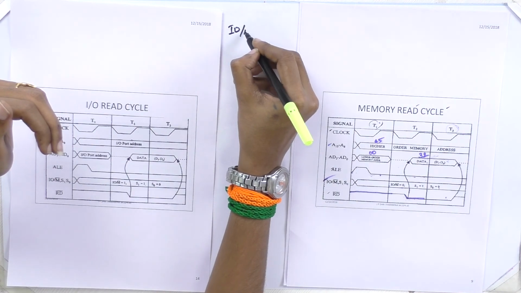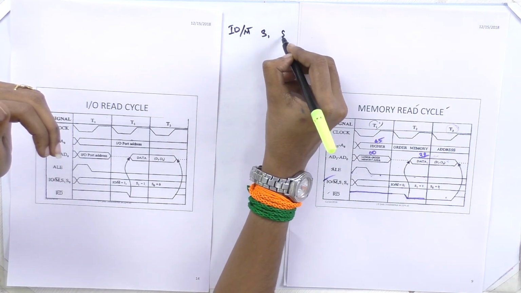The operation is also the same, but the slight difference is that memory read accesses the memory, while IO read accesses the IO devices. That is the only difference, so the difference we have to make is only in the control signals.